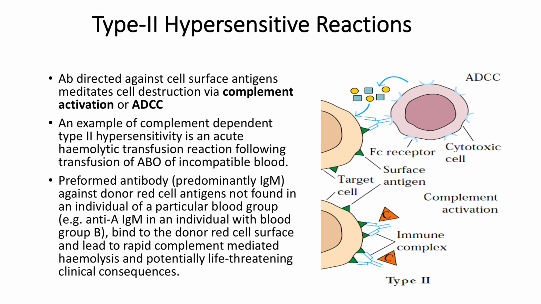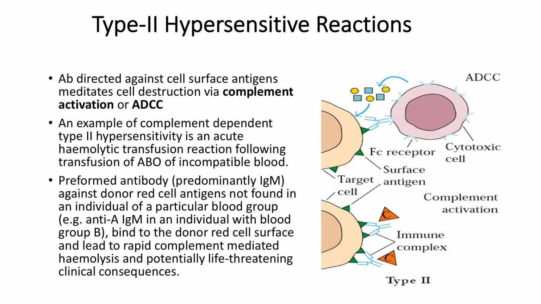Here in this case, antibody directed against cell surface antigen mediates cell destruction via complement activation and ADCC. For example, complement dependent type 2 hypersensitivity is an acute hemolytic transfusion reaction following transfusion of ABO incompatible blood. Okay.